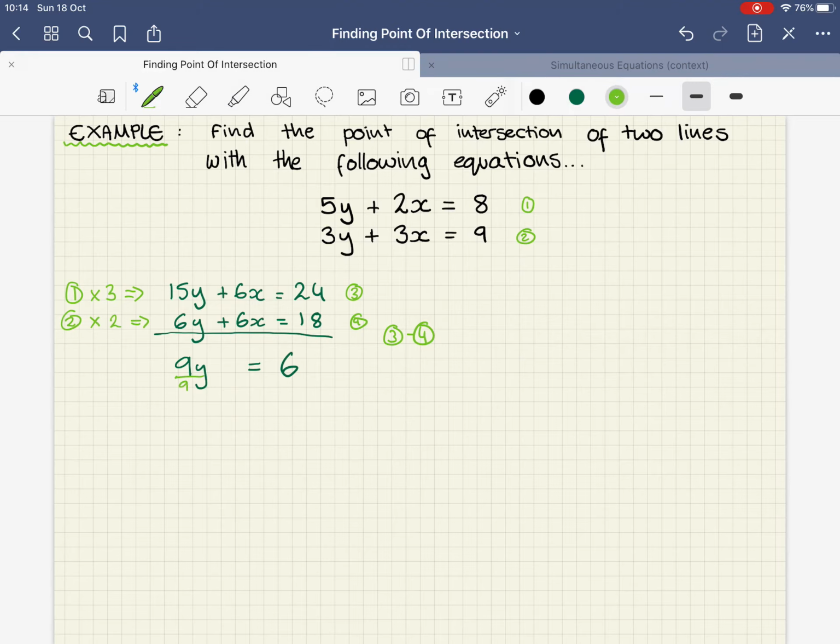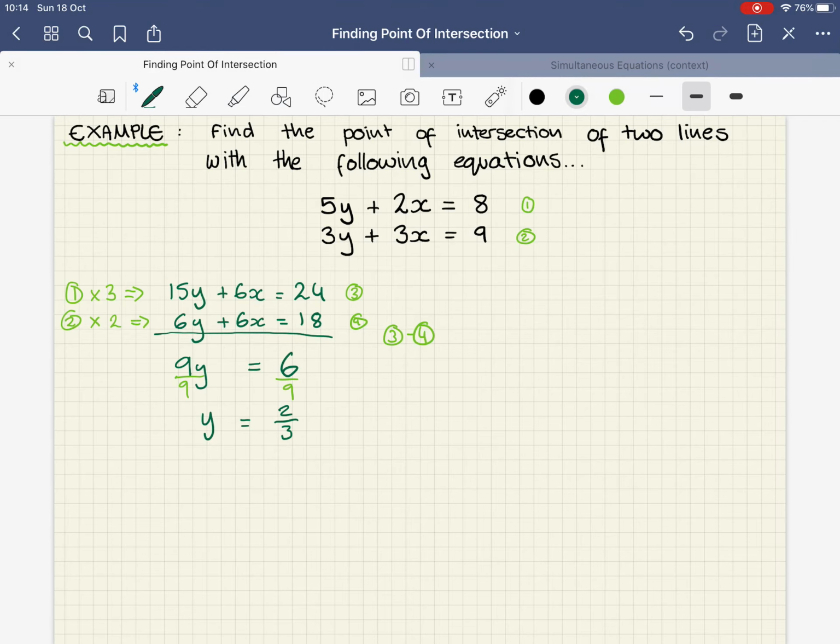And then dividing them both by 9. So I've got y equals 6 over 9. I can simplify that. And I can divide them both by 3, which is going to give me 2 over 3. So then I want to substitute that into one of my formulas.